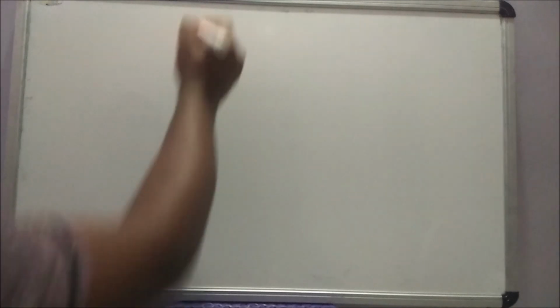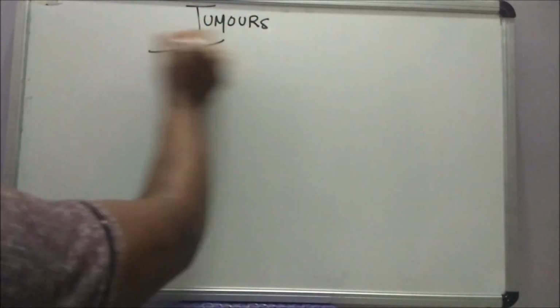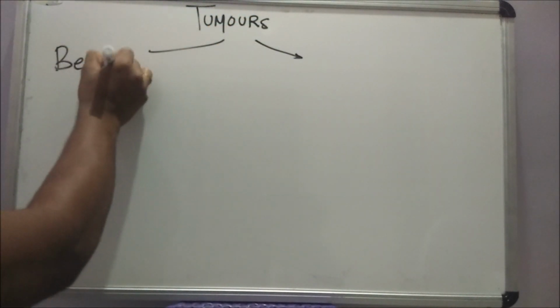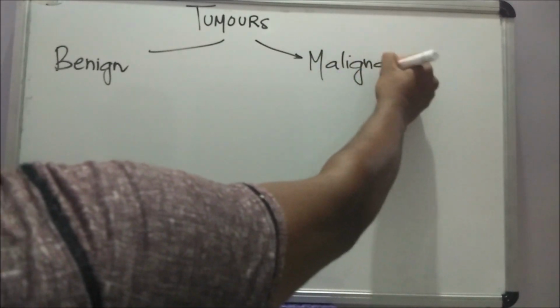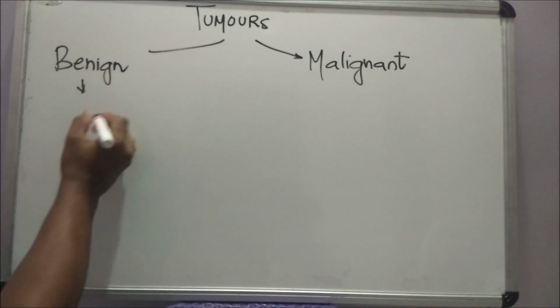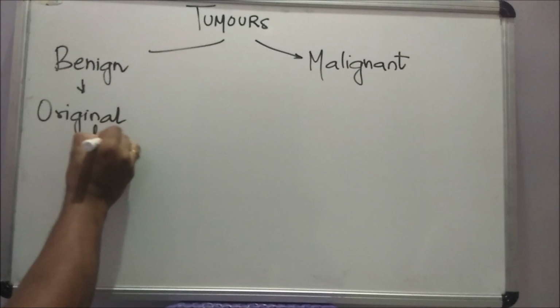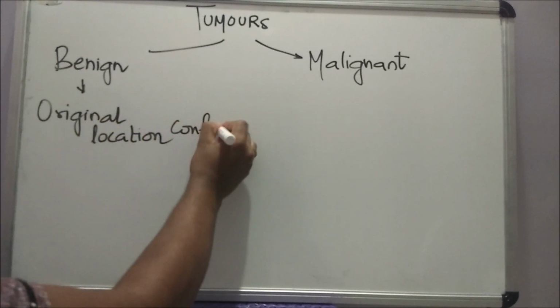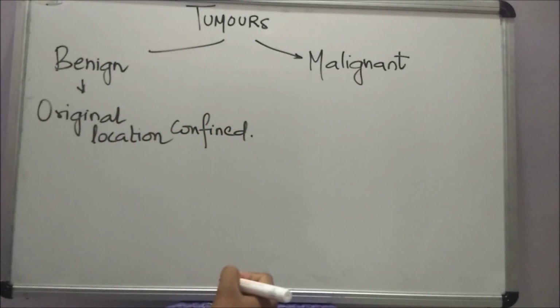These tumors are of two types. The first one is benign, the second one is malignant. Now, what are benign tumors? A benign tumor is not actually cancer. The cells which are dividing continuously remain confined to their original location and do not spread to the neighboring organs.